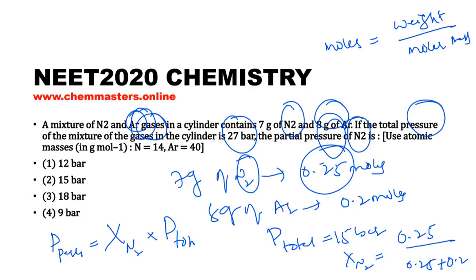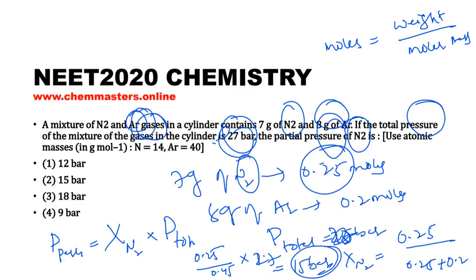Now just substitute 0.25 by 0.45 times the total pressure, which is 27 bar. So you can get the answer, 15 bar.